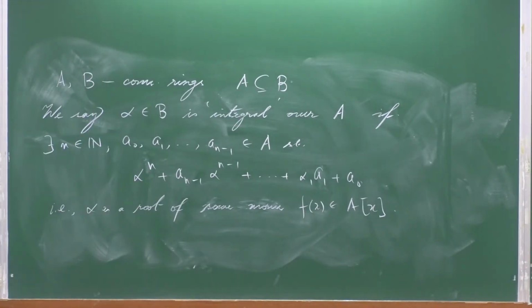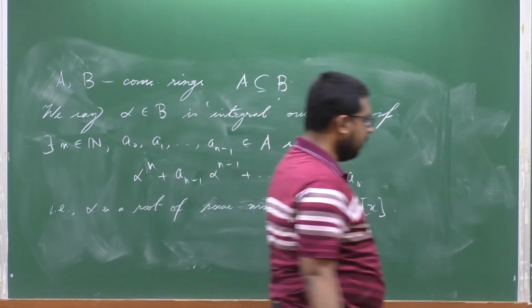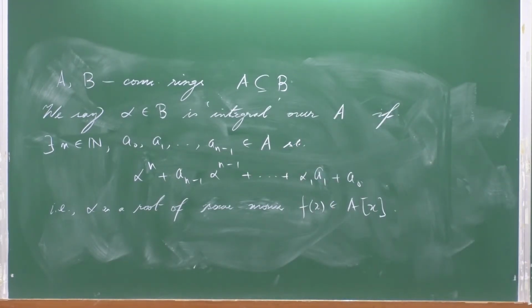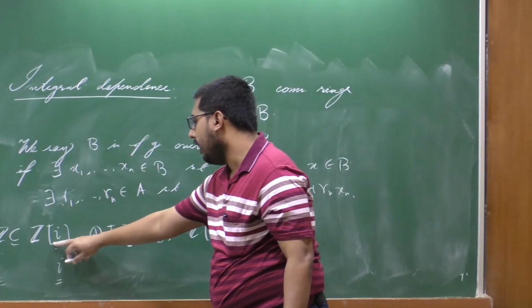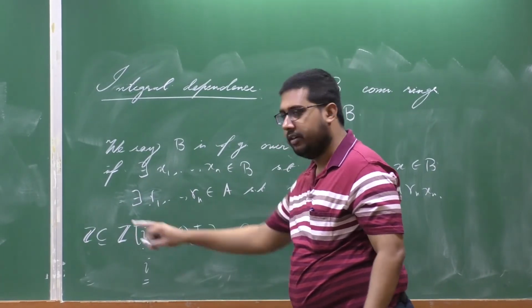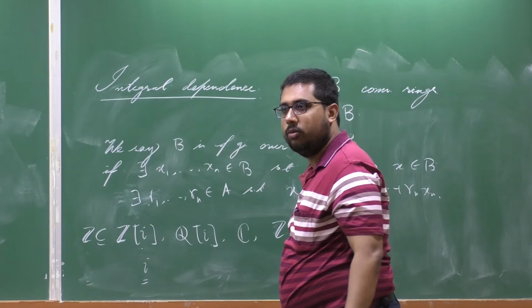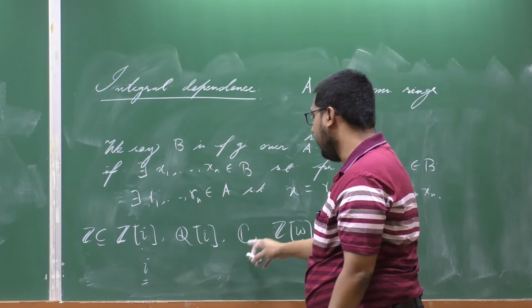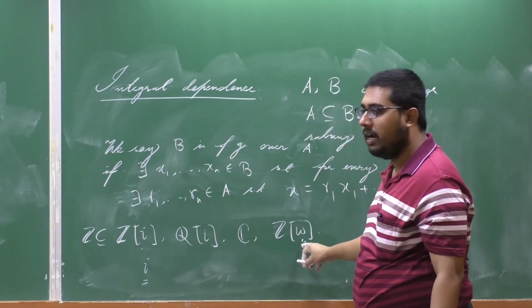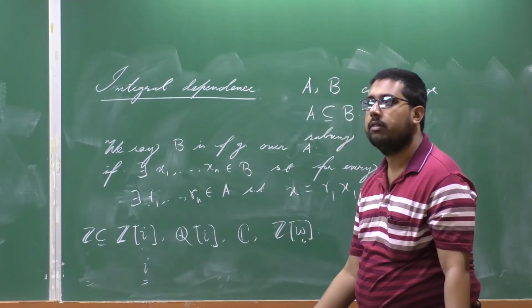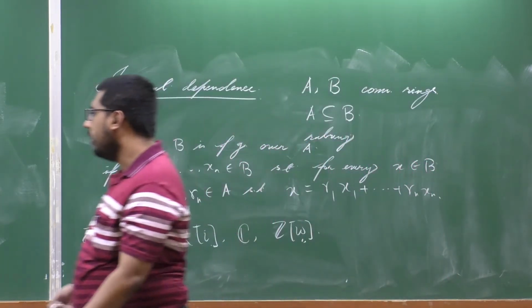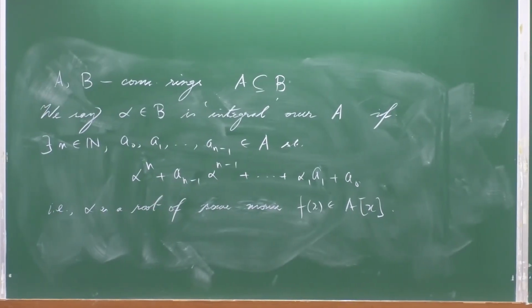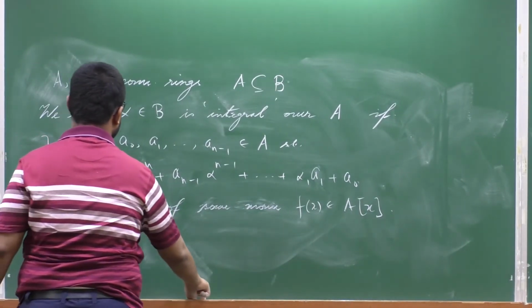So we say alpha is integral over A. Therefore you immediately get the examples: i is integral over Z, or you can take i integral over Q depending upon the rings that you choose, and in C, i is integral over R as well. Omega, which is a root of unity, is also integral over Z.